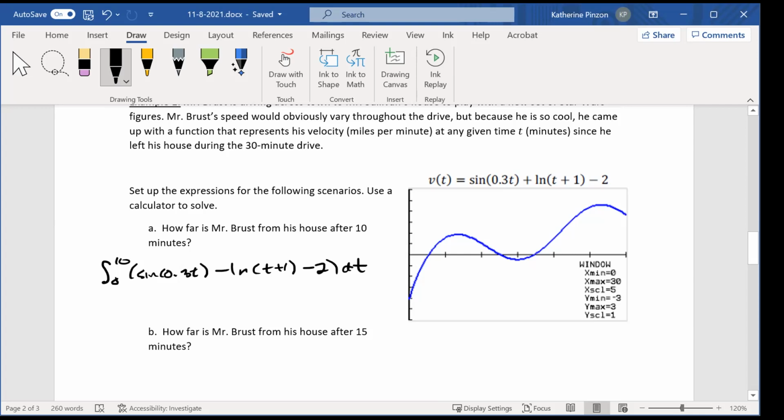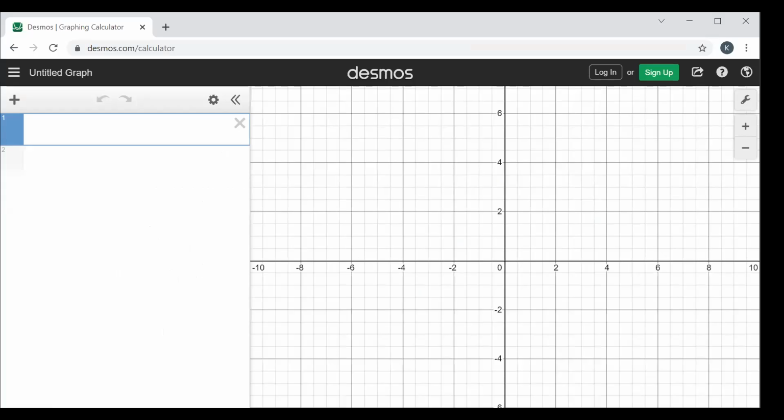Okay, I'm going to pull up Desmos and let's do this integral in Desmos. Integral 0 to 10 of sine of 0.3t minus, was it minus?